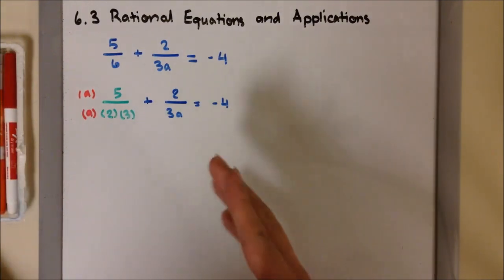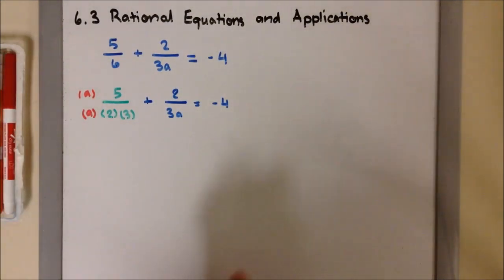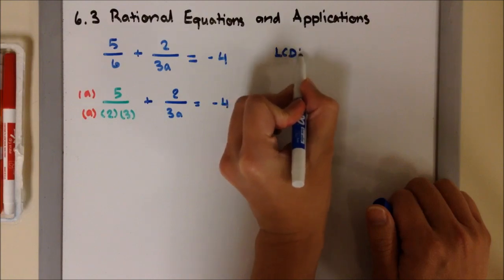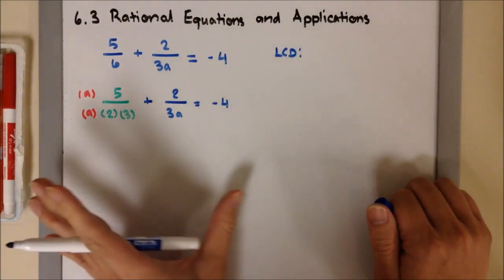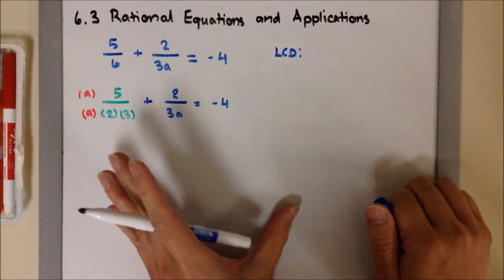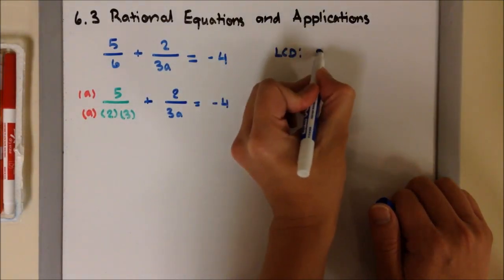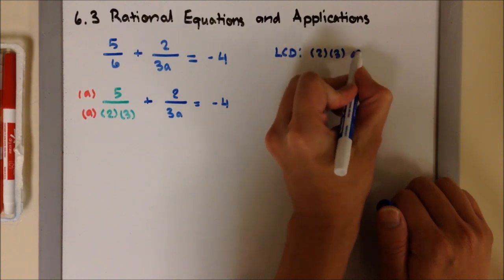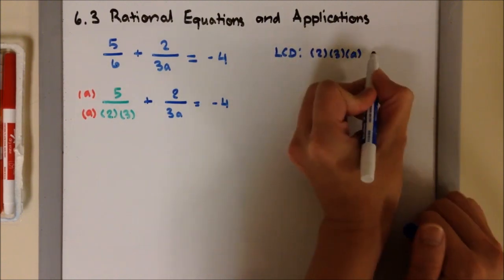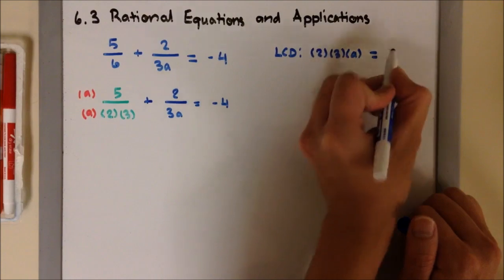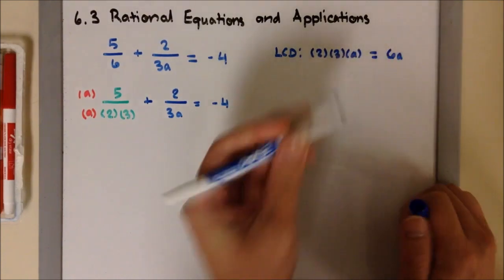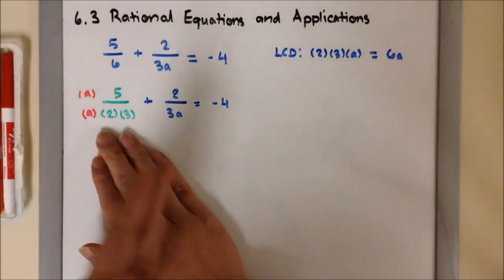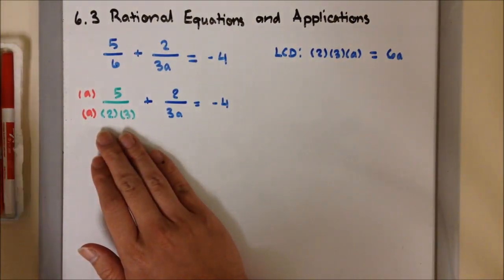Usually what I do is sometimes write LCD, lowest common denominator, to identify what factors the two fractions need to have. So in this case, 2, 3, and a. Basically, 2 times 3 times a is 6a, but I broke it down so that you see it part by part in a simpler version.